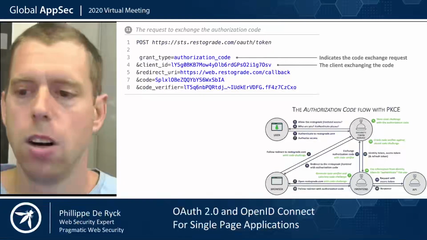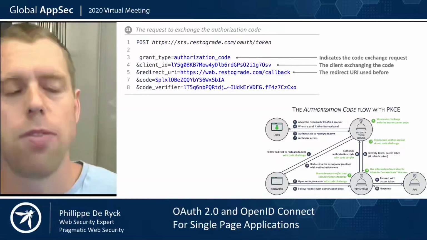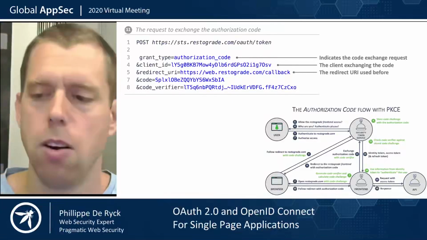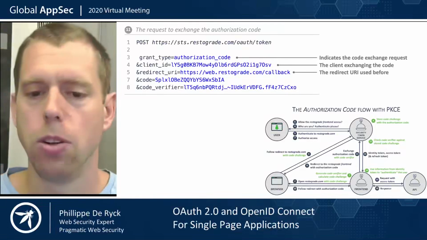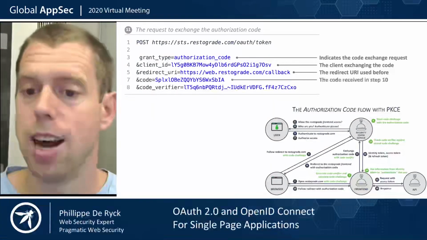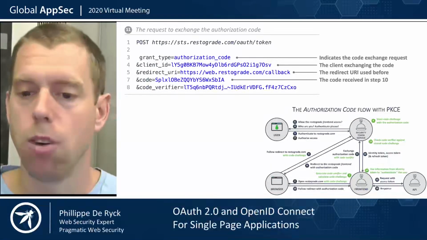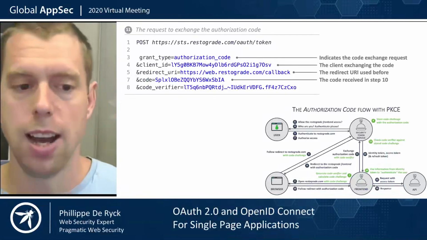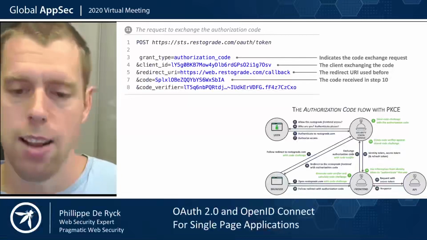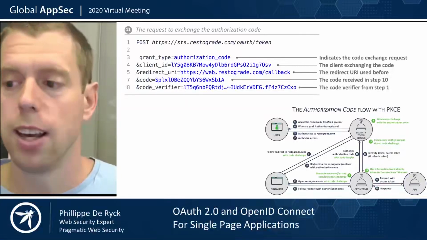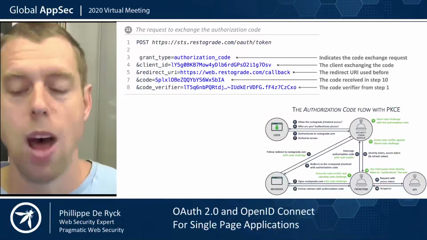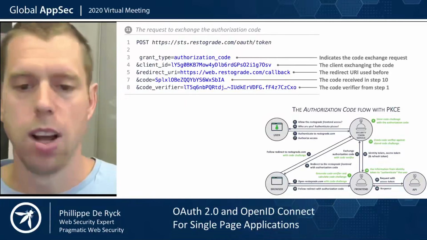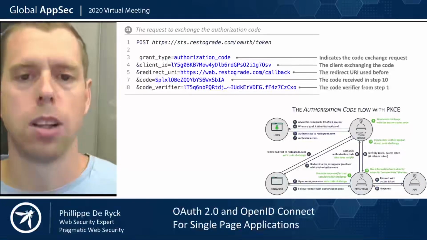It's the same identifier. We specify where we received this code. That's necessary for certain reasons, which I'll not go into detail. And of course, we also provide the random code we received from the security token service in step number 9 and 10. And then finally, that's PKCE specific again. We provide that random string that we generated in step 1 that proves that we are a legitimate client.